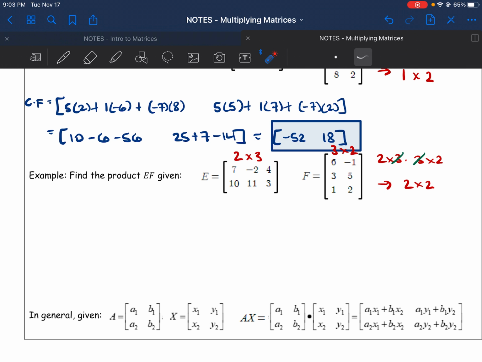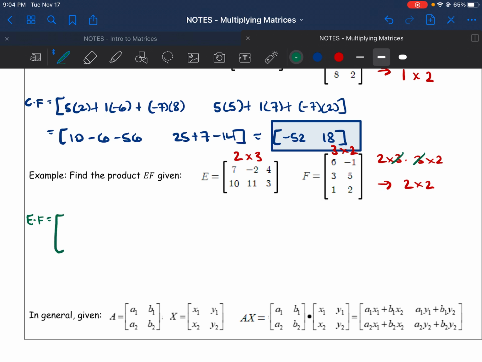Then starting when we talk about the second row on our solution, we'll have the second row worked with the first column, and then the second row worked with the second column. So with all of that worked out, let's see what it ends up looking like. So the product, E times F, would look like this.